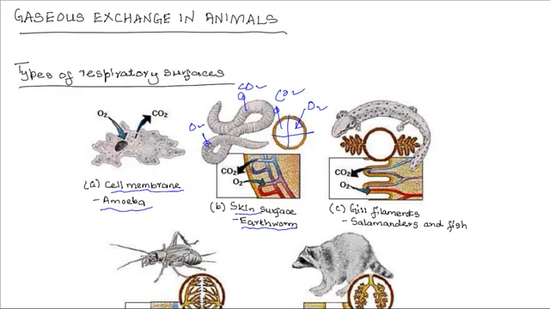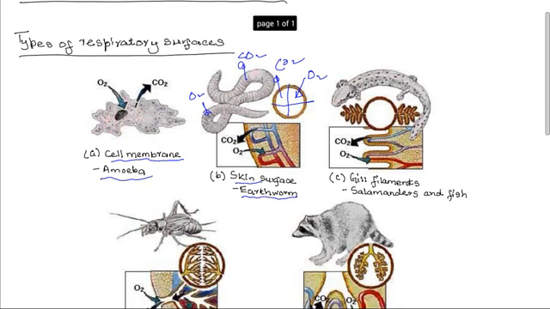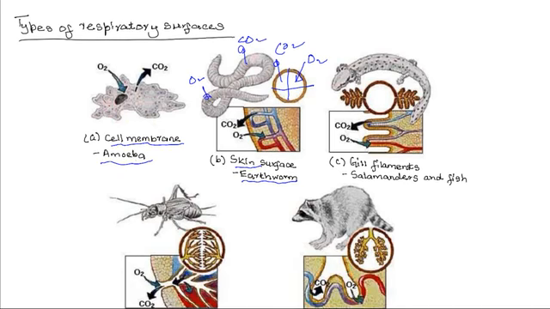Another aquatic animal that has evolved specialized structures for gaseous exchange are the salamanders, aquatic salamanders that have external gills, while fish do have internal gills for gaseous exchange.